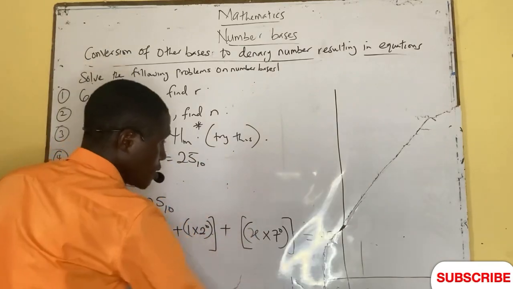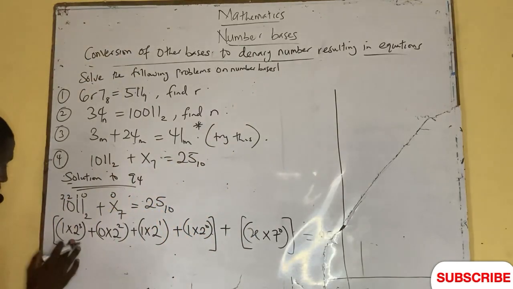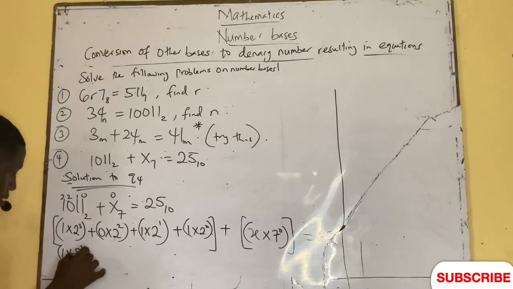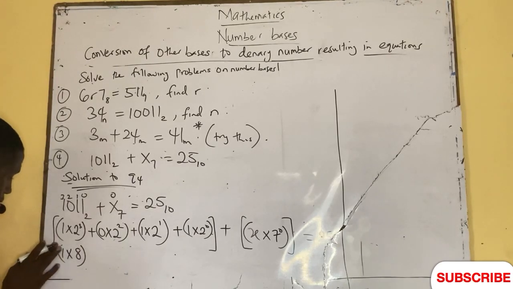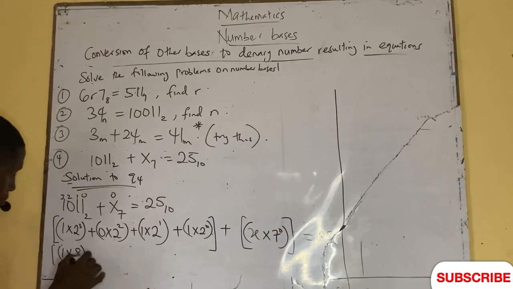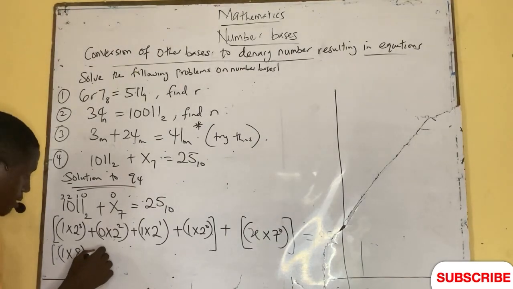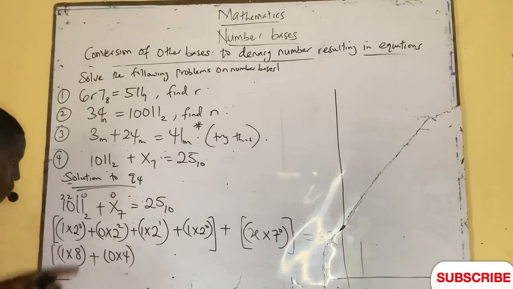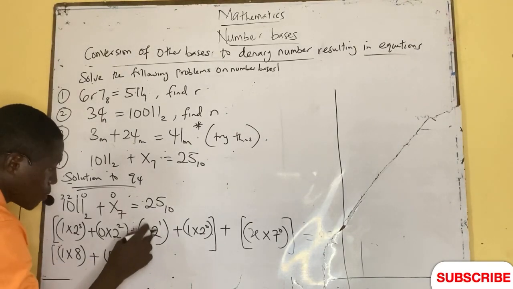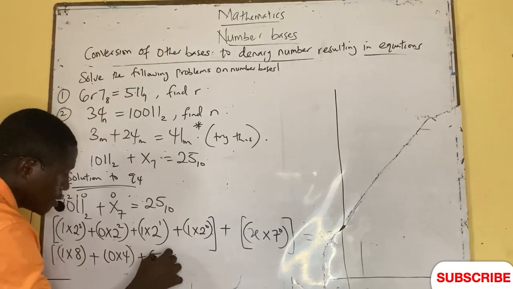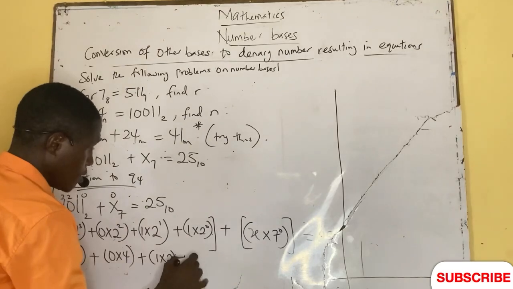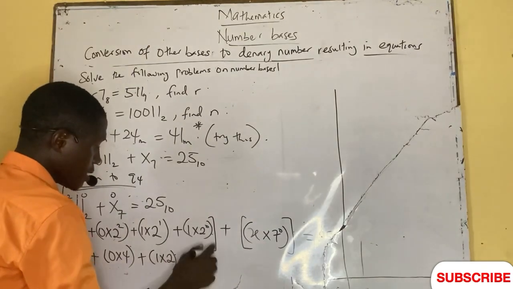So now, this one is 1 times 2 raised to power 3, which is 8, plus 0 times 2 raised to power 2. 2 raised to power 2 is 4, sorry. Plus 1 times 2 raised to power 1, which is 2, plus 1 times 2 raised to power 0, which is 1.